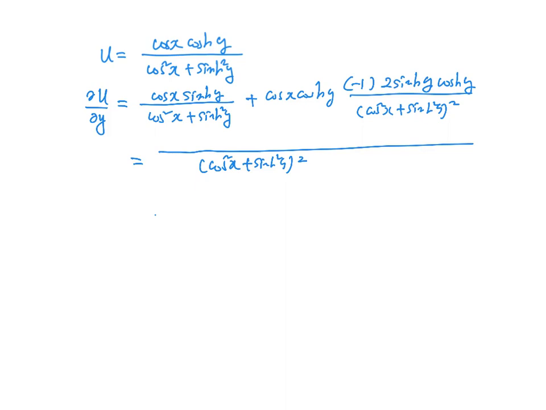This times this gives cosine cube x sine hyperbolic y plus cosine x sine hyperbolic cube y minus twice cosine x sine hyperbolic y cosine square y.